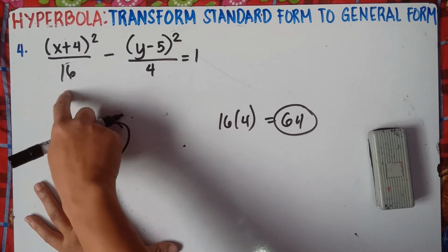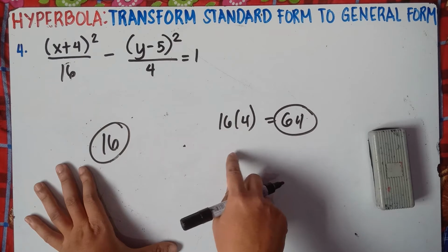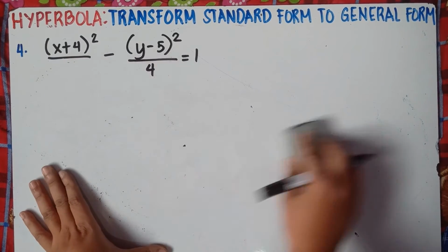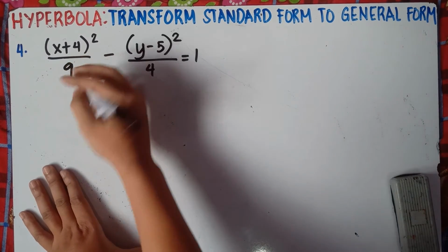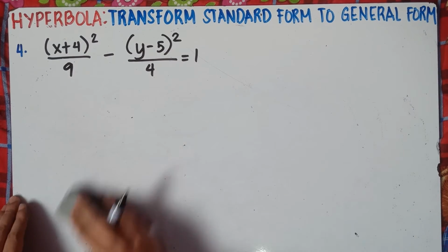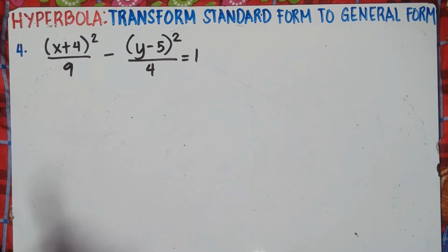So the LCM of 16 and 4 is only 16, class, not 64. There are some cases where you can just multiply, but not all. In this scenario, class, we can simply multiply 9 times 4. The LCM is 36. I hope you get that one, class, for the LCM.